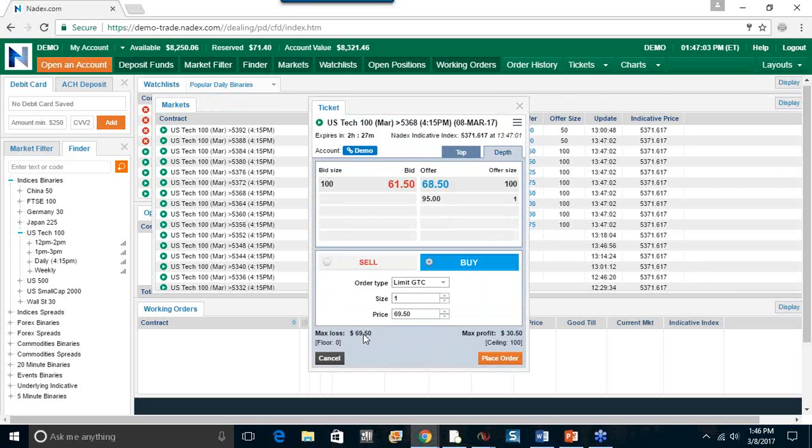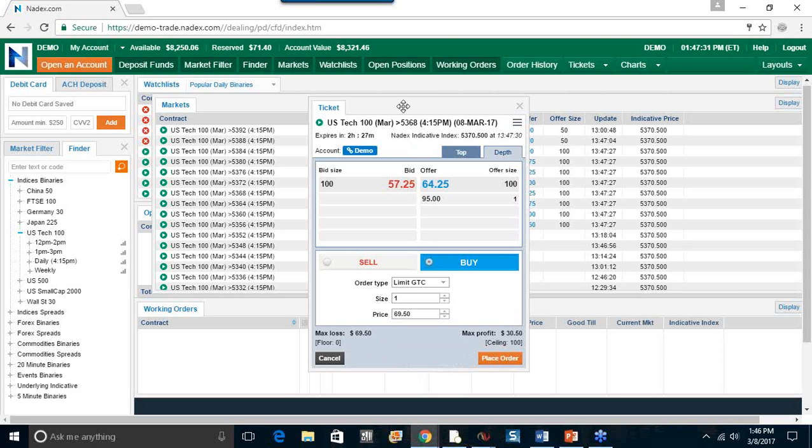But I'm risking 70 bucks. So I'm buying this at 53.68. The market's at 53.70. So Ron, if I'm thinking the market's going up, right? If I'm wrong and it comes down to 53.68, if it comes down to my strike, so I can potentially make 30, right?